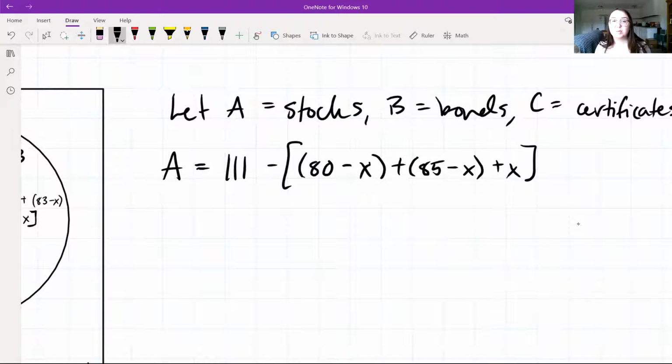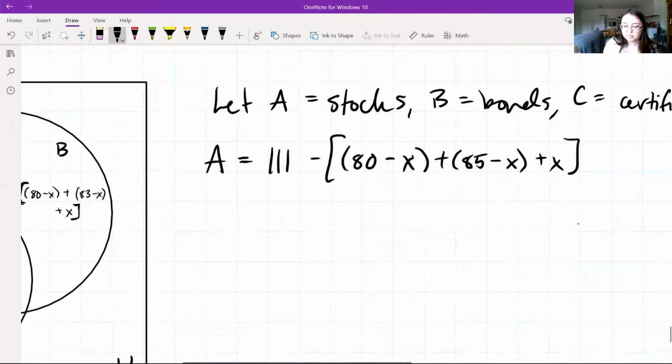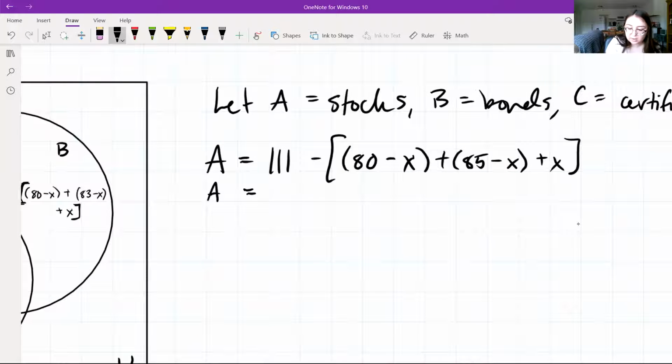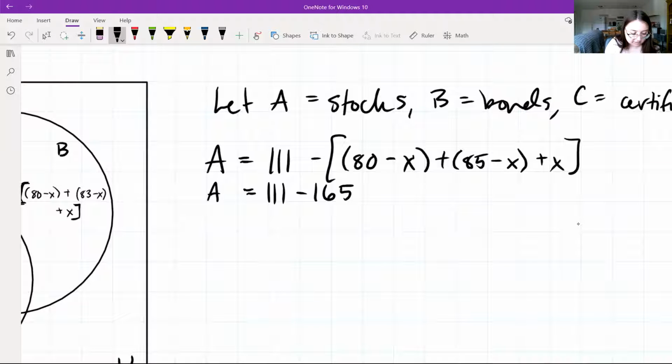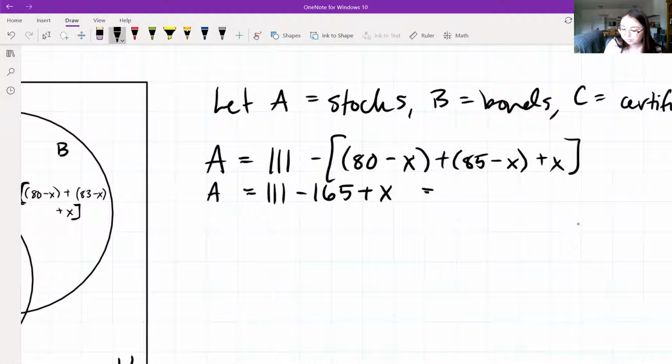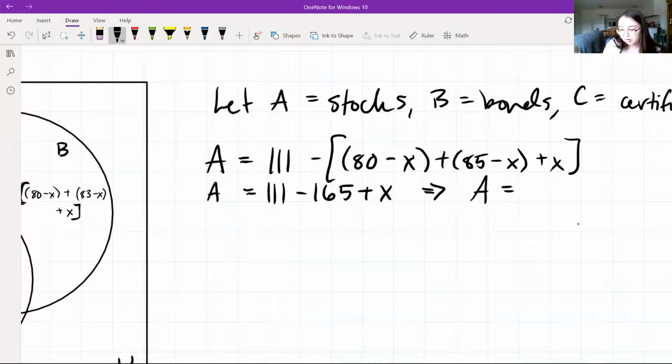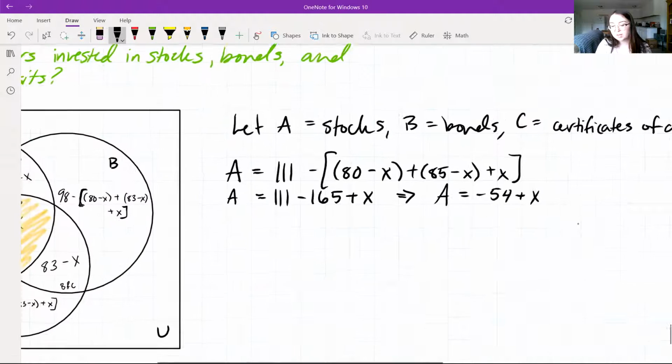So now let's simplify what's inside of our brackets. We get that A is equal to 111 minus 165 plus x. That's going to give us that A is equal to negative 54 plus x. So that is our new value of A.